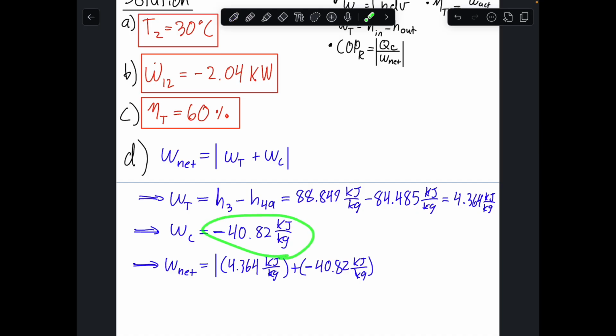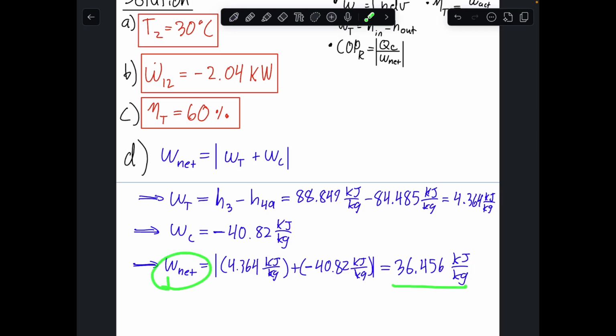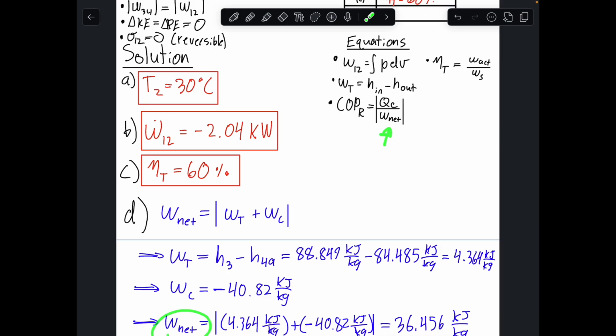Right, this is this component here. And so the magnitude of that will turn out to be 36.456 kilojoules per kilogram. So here is our net work component, and that's what we'll use in our COP equation.